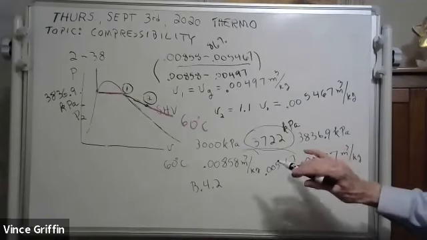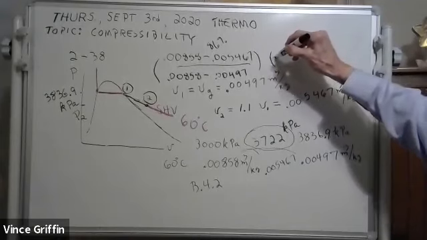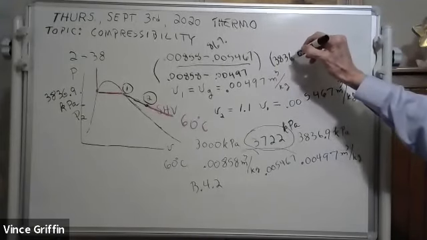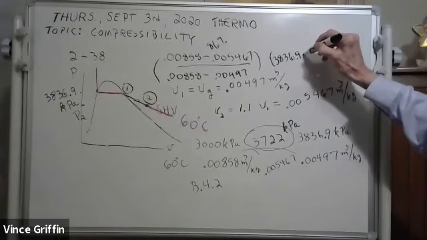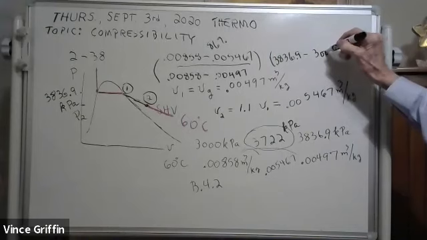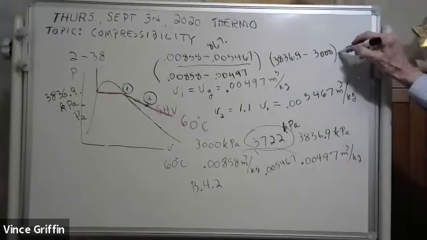Okay, so what I have to do is I have to multiply this by, and then when I'm all through with that, I have to add 3,000 to it.